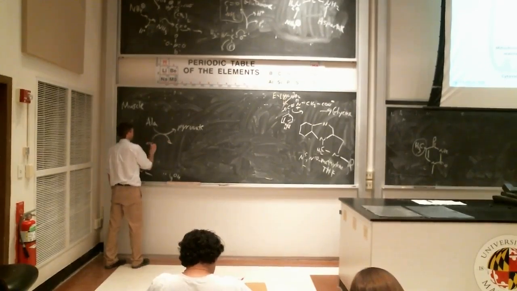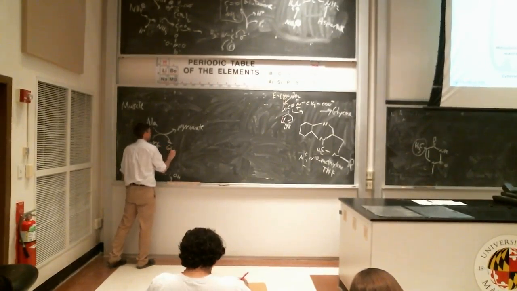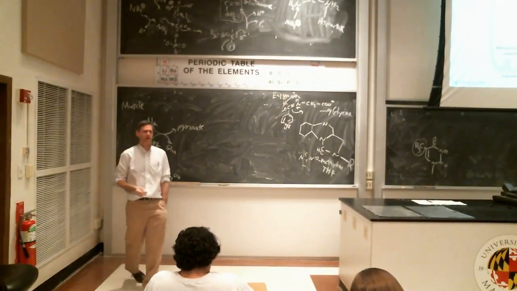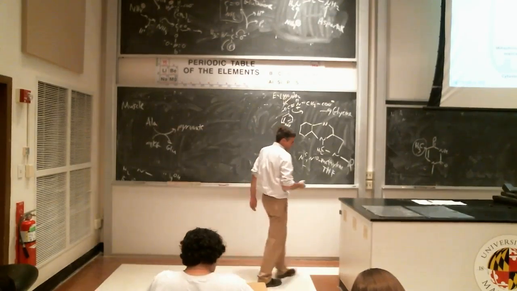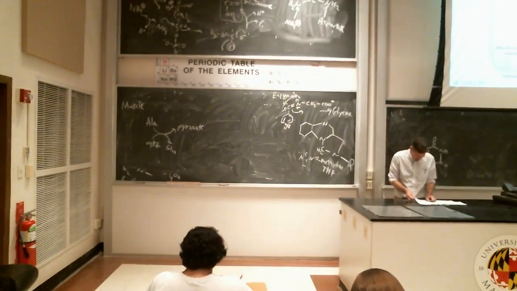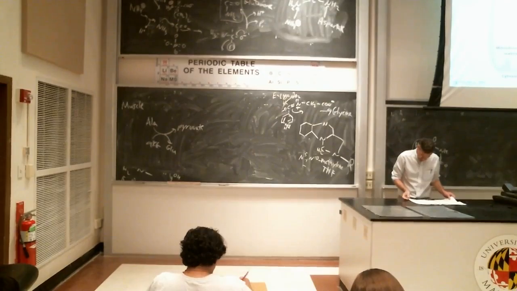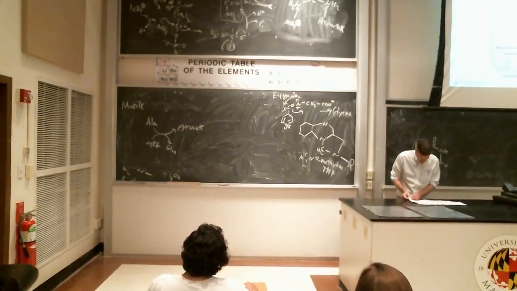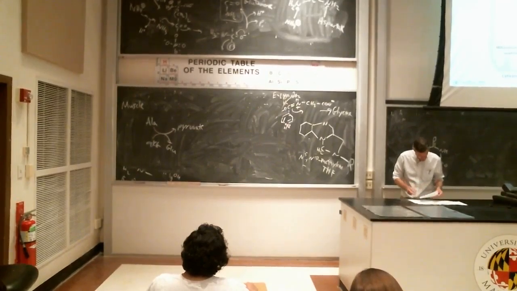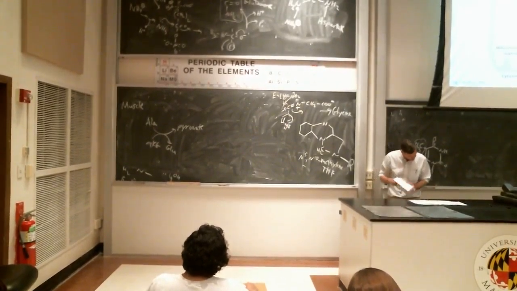And of course, that means using up an alpha-ketoglutarate. And there are other amino acids that a muscle cell can use, and I'm not going to go into the details. I'm not sure I know the pathways, but some of these other ones are things like valine and isoleucine, I think.